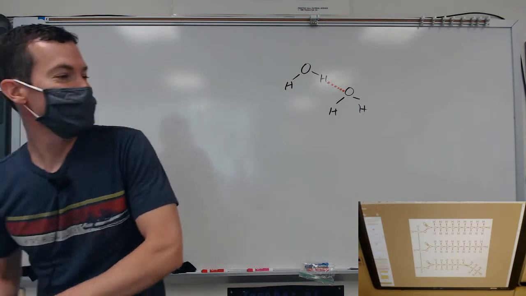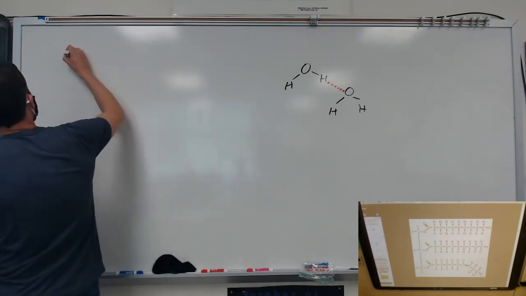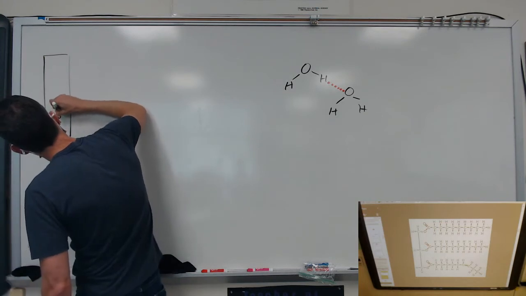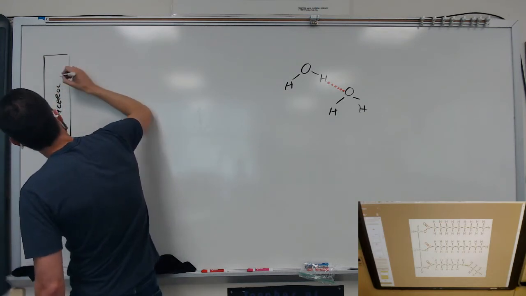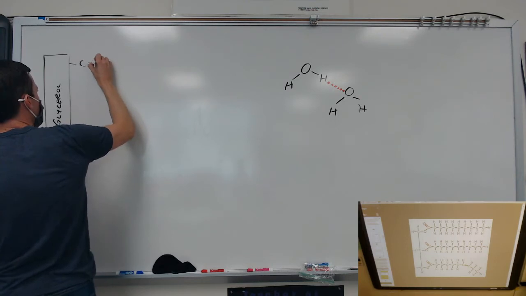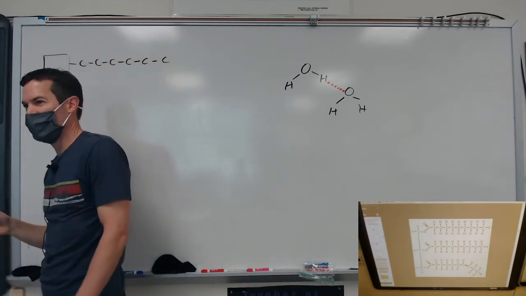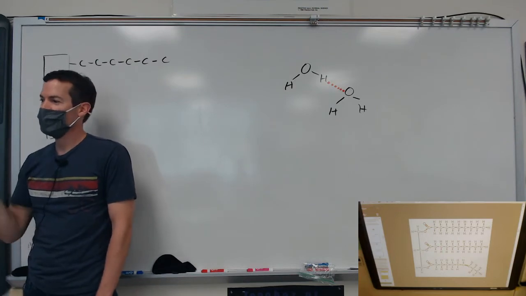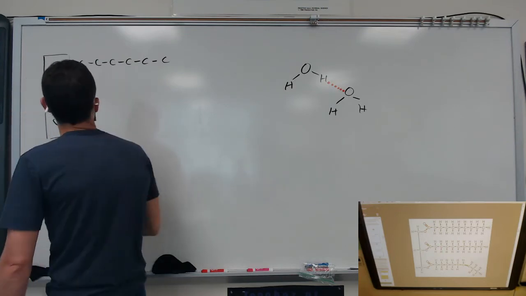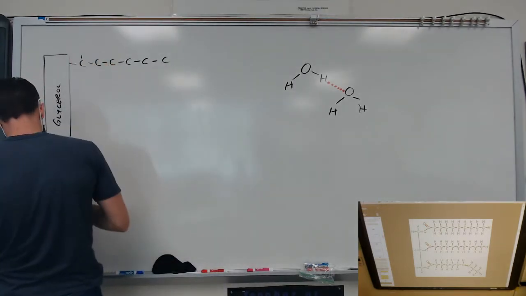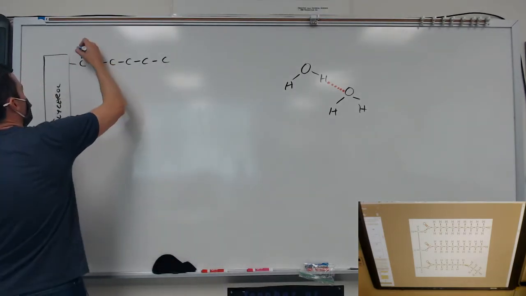Appreciate it. Okay, so up here, I'm just going to use this for my glycerol. Then I've got this long chain of carbons. How many bonds does carbon always form? Yeah, 4. Okay, so if I've got a chain of carbons, then I'll have hydrogens all around, like this.